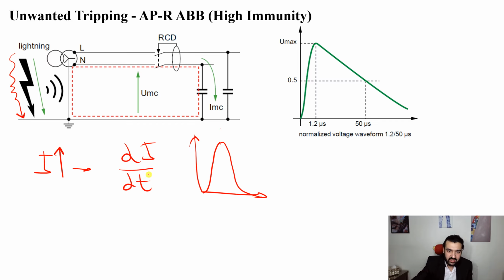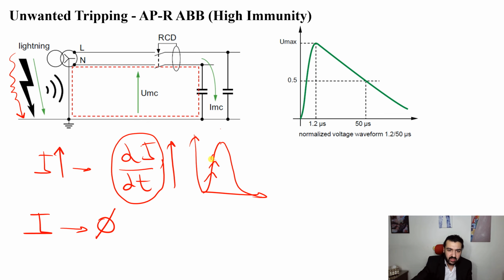Now this one has a very large di by dt. This means that we know that current has also that magnetic field flux, and since di by dt is large, the rate of change of current is large, the d phi by dt will also be large, rate of change of magnetic field is large.